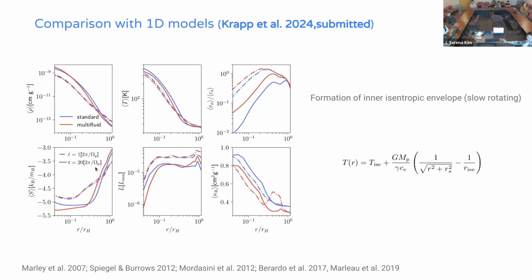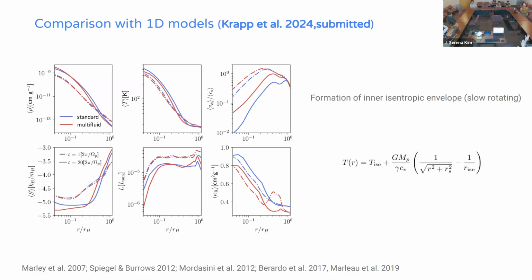So there is a point in which you have some rotational support here, but as you move inwards, you always get an isentrope. And with Caitlin, we have good reasons to believe that this is not a true physical outcome. This might be just due to the poorly resolved physics that links the core of the planet and the equations that we are solving here.